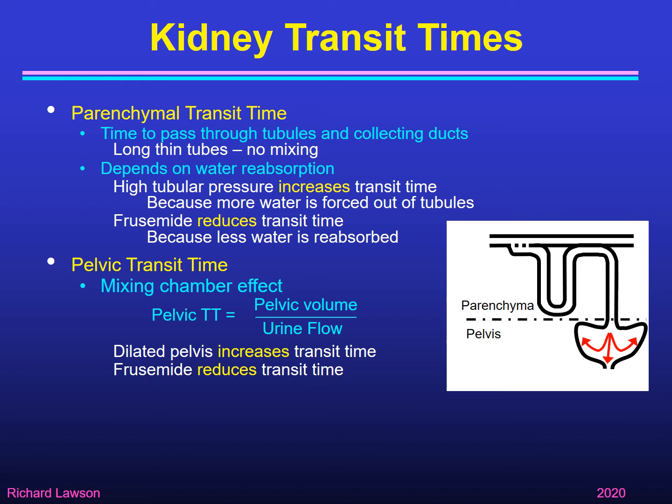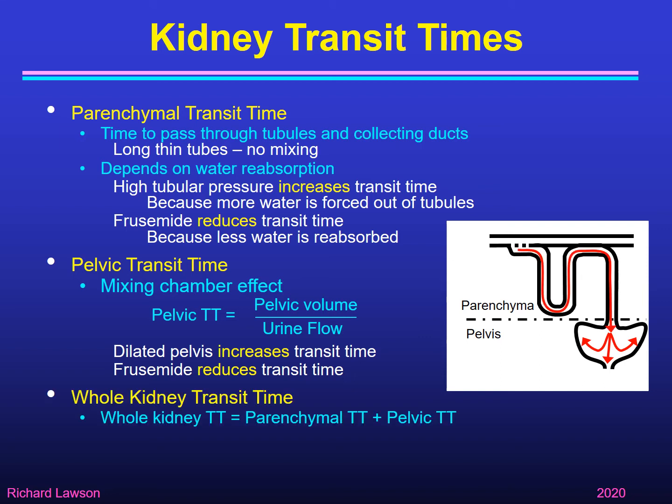But if we give frusemide, which increases the urine flow, and that comes in the denominator of this equation, that means increasing the urine flow will reduce the pelvic transit time. So dilated pelvis and frusemide have opposite effects. The whole kidney transit time is the sum of those two. It's the total time to get through the whole of the kidney, through the tubules, the collecting ducts, and the renal pelvis.